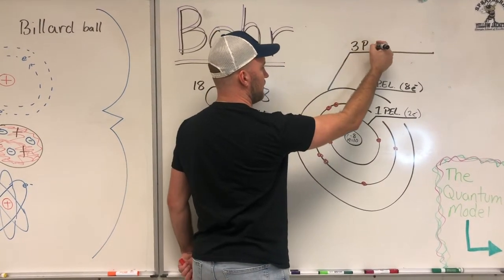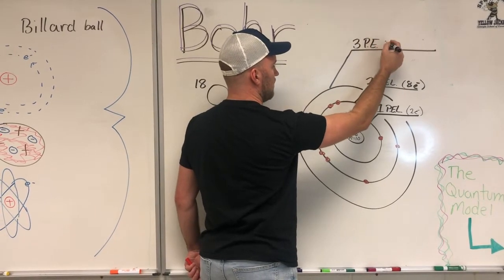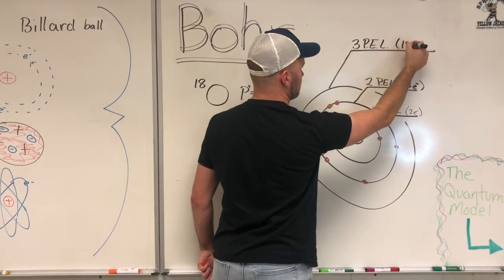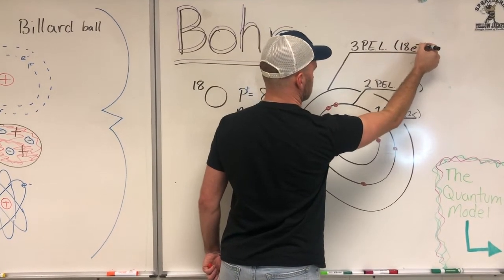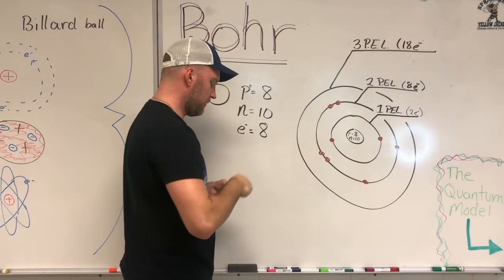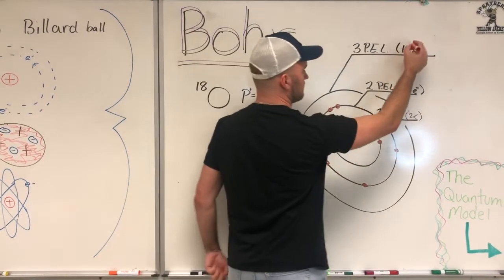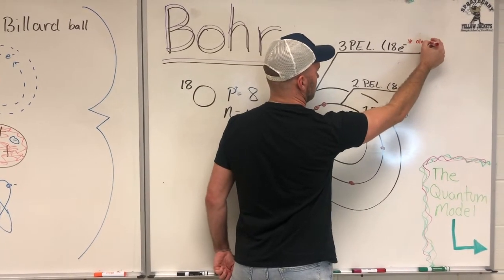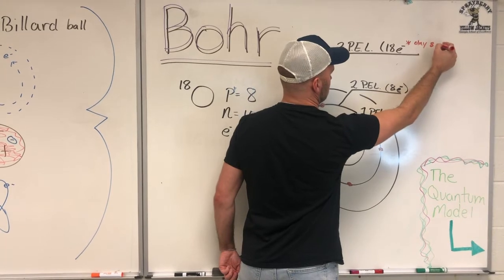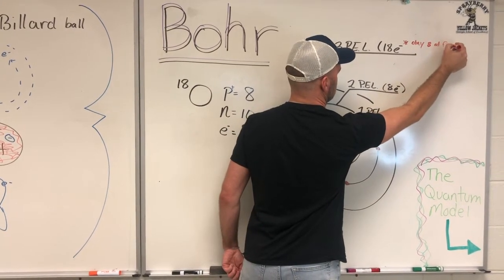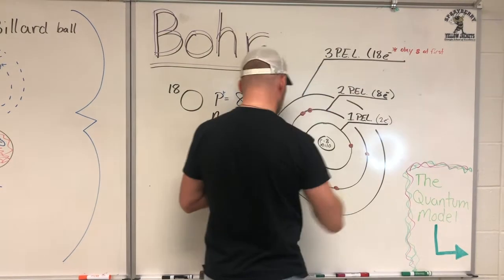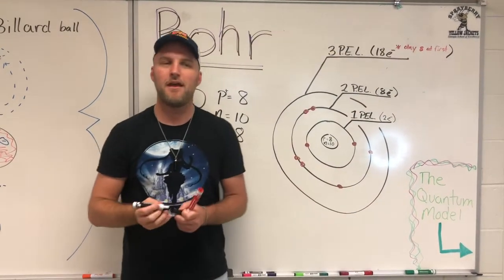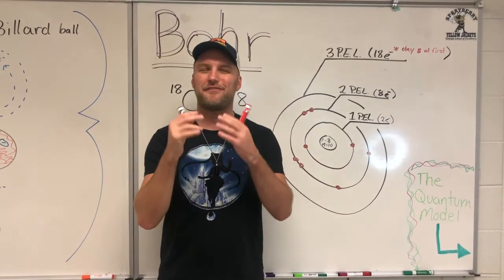The third principal energy level can fit 18 electrons. Now, there's a catch, though. It can fit a total of 18, but only 8 at first.